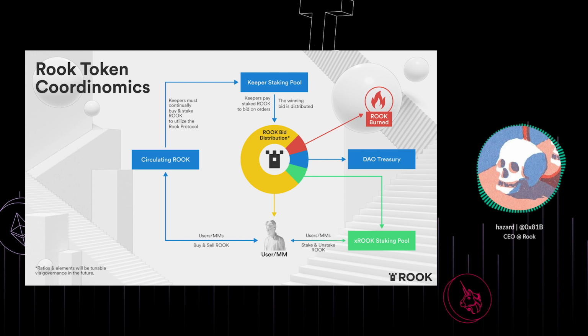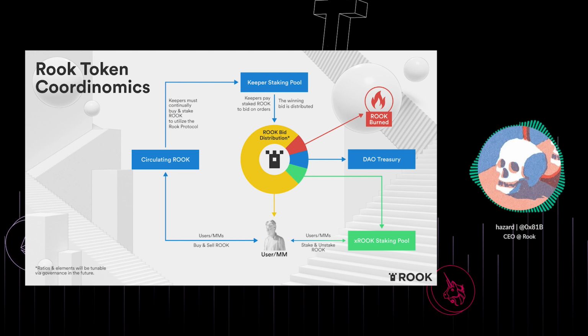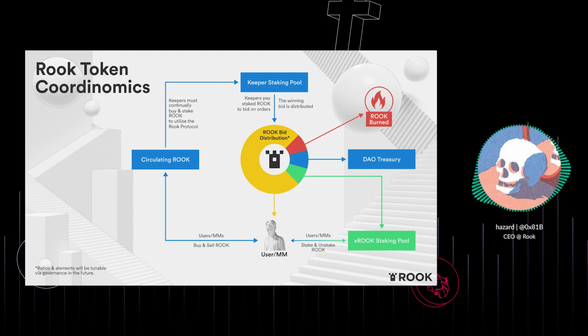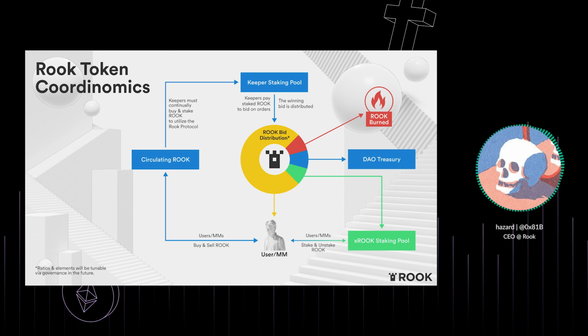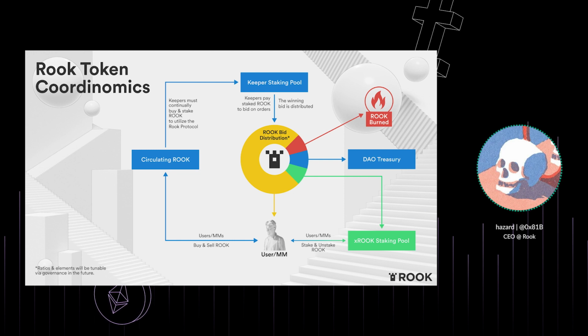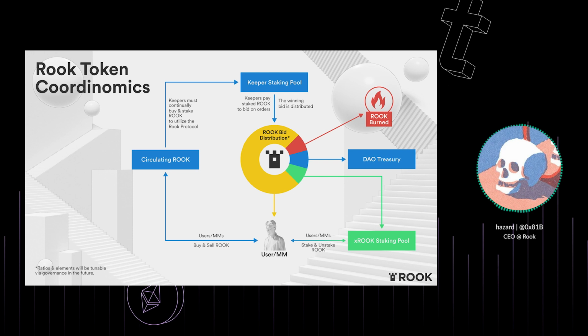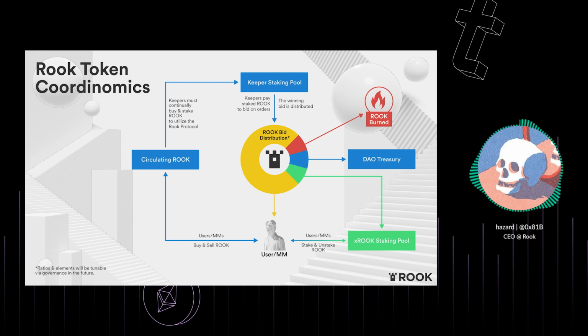And like I said, 80% of it is going to go to the originator of that order that was bid on, so the user or the application. And then some adjustable percent of it is going to be burned. Some adjustable percent is going to go to stakers. And then there's an adjustable percent that can go to the DAO's collective treasury as well. And so those are the 4 or 5 different destinations that ROOK can go to.